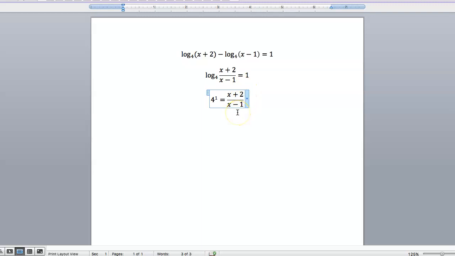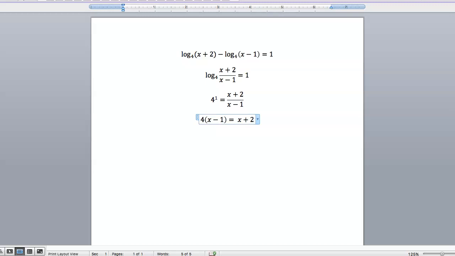Well, there's only one denominator, so hopefully that's not too strenuous to figure out. 4 to the first power, that's just 4, and I'm going to multiply by the denominator x minus 1 equals, when I multiply the right-hand side here by the common denominator x minus 1, it's going to divide away with the denominator, and I'm left with just what's in the numerator, which is x plus 2.